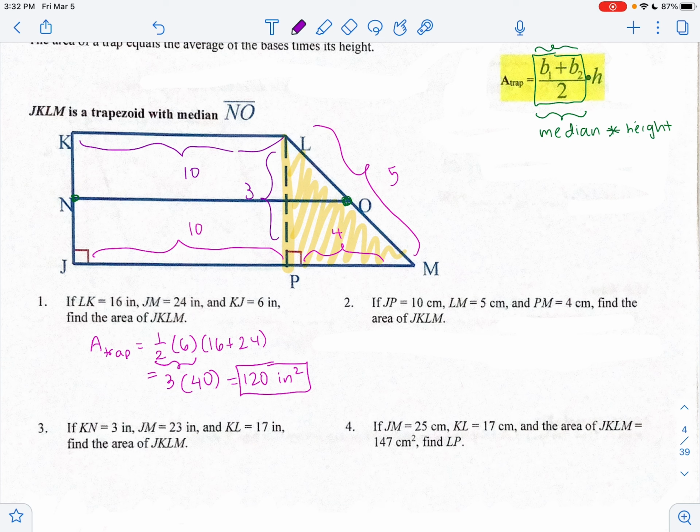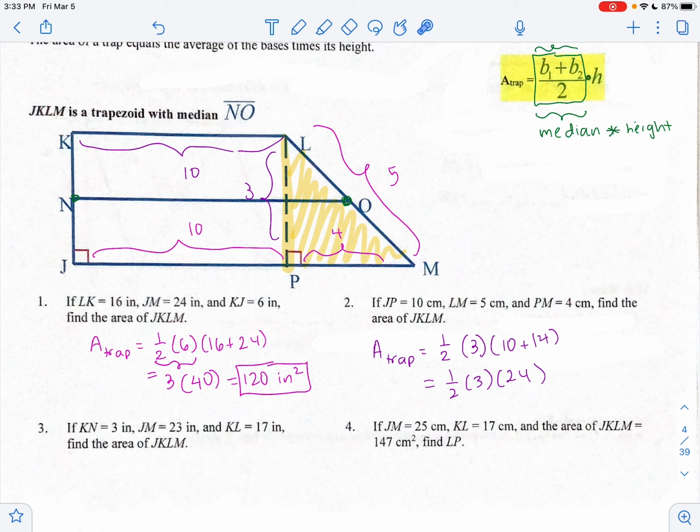Now, putting all that information together, the area of the trapezoid is going to be equal to 1/2 times the height, which is 3, times the sum of the bases. The bases are 10, plus the bottom base, which must be the sum of 10 and 4, so 14. So we got 1/2 times 3 times 24.